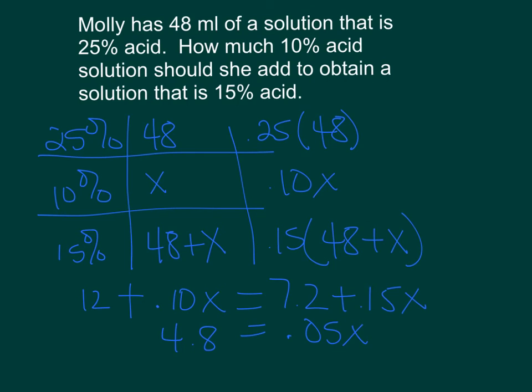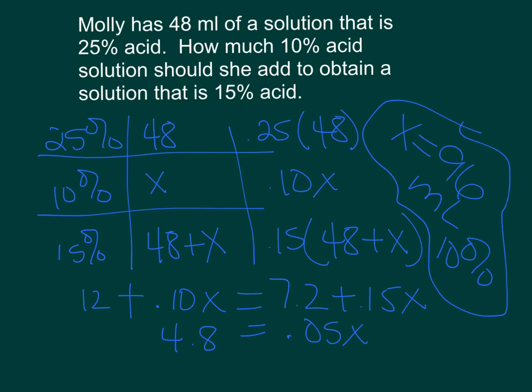If I take 4.8 divided by 0.05, I get x is 96. So we're going to add 96 milliliters of our 10% to our 25% to get our mix of 15% that we want. Okay?